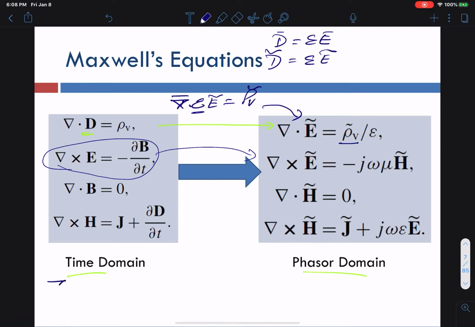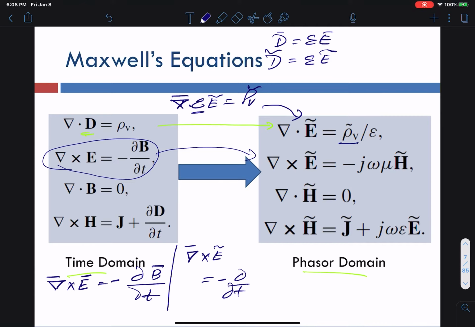You have curl E equals negative derivative dB/dt, right? So now first I have to replace them using the phasor domain, right? So let's do that over here. I replace with the phasor domain over here. On this side, negative.